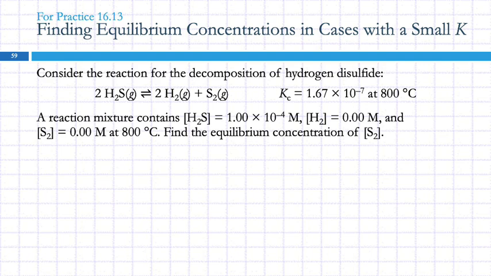Okay, so this one looks the same, doesn't it? What's different? The initial concentrations. This time we're starting with H2S 1 times 10 to the minus 4 instead of 0.1, and hydrogen is 0 instead of 0.1.